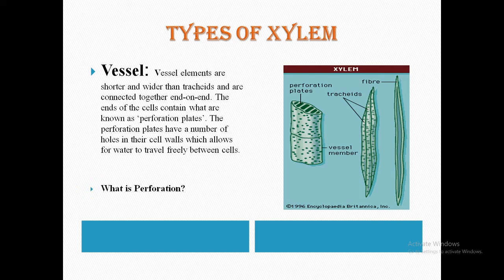Their proximal end walls are perforated, whereas the distal end walls are not. Here is the distal end wall and this is the proximal end wall. This proximal end wall is perforated. That means the vessel is like a trachea.